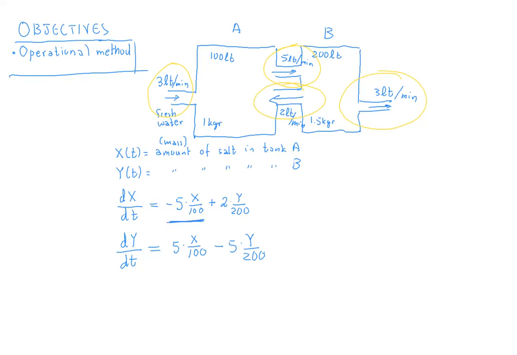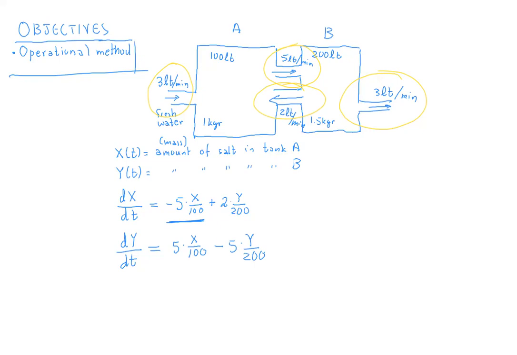And the situation for the 2 tanks is not symmetric. In other words, what happens in one tank is not exactly the same as what happens in the other tank. Meaning in tank A, you have an inflow of fresh water. You don't have any such inflow in tank B. And also in tank B, you have an outflow of brine solution, which is not what you have in tank A.